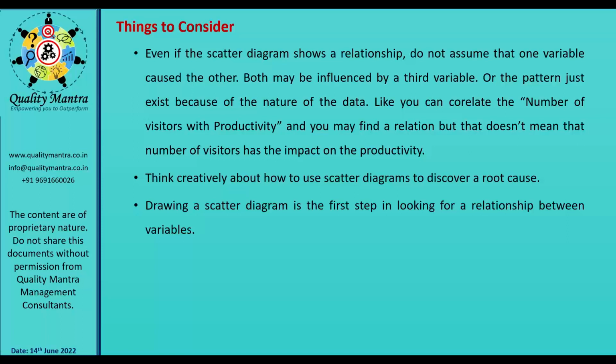Like if I say the number of visitors who come to your factory and you start correlating it with the productivity, you will see certain correlation. Sometimes it might happen that the number of visitors has increased and your productivity also increased, but actually they are not correlatable. There is no correlation at all.